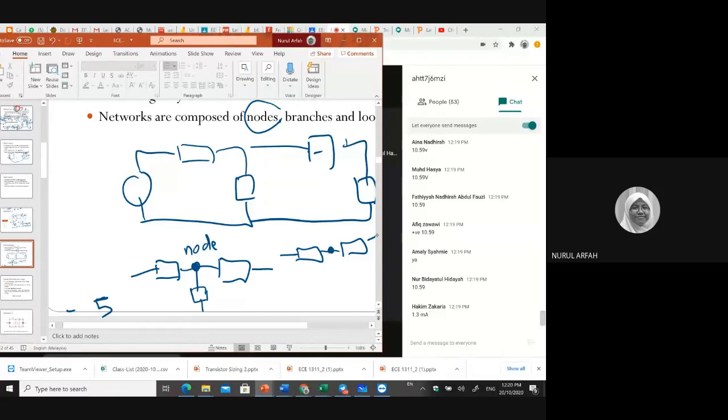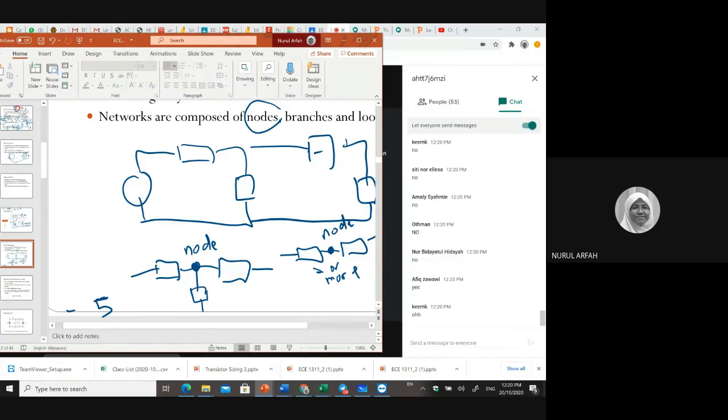Is this one a node or not? No. Why not? I said a node is when you have two or more. Okay. So if you have two or more elements connected at this single point, you have a node.